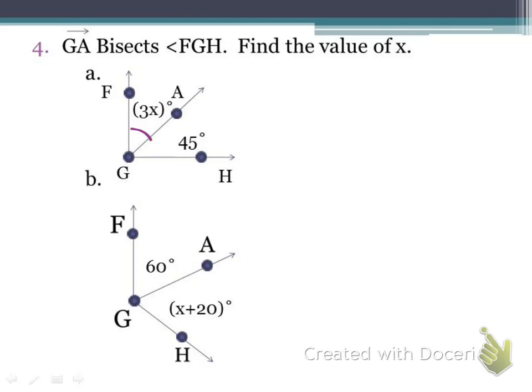So I'm going to do 2, 2. And instead of finding the angle measure, I'm taking this one a step farther. I actually have to find the value for x. So it's going to be a little harder.